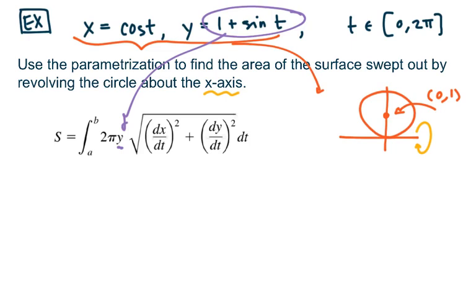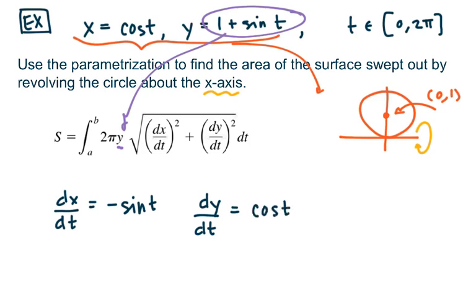So let's calculate those first. The derivative of x with respect to t is the derivative of cosine, which is negative sine t. The derivative of y with respect to t: the derivative of 1 is 0, and the derivative of sine t is cosine t.